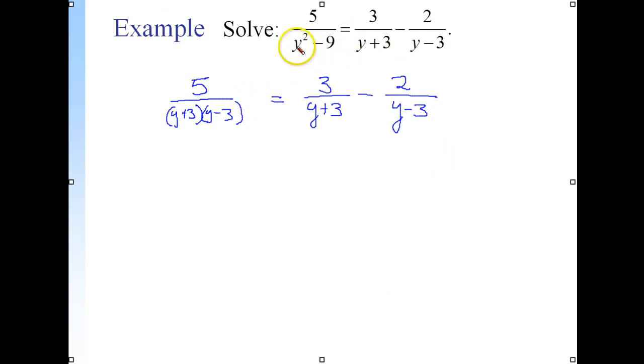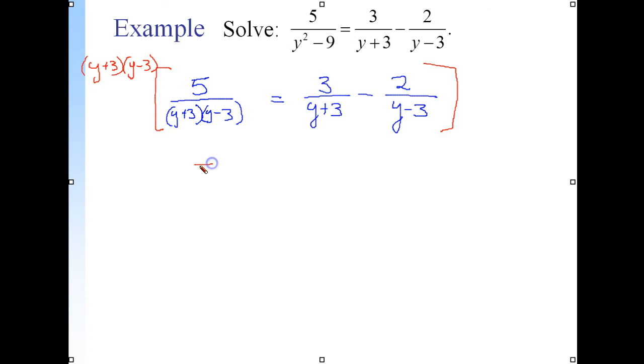Okay, there it is. Notice I factored this. This is the difference of perfect squares factors into its conjugate. So we're going to multiply everything here by y plus 3, y minus 3. So here it all cancels out.